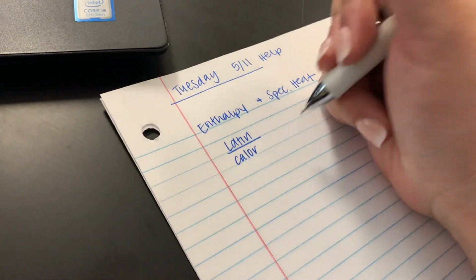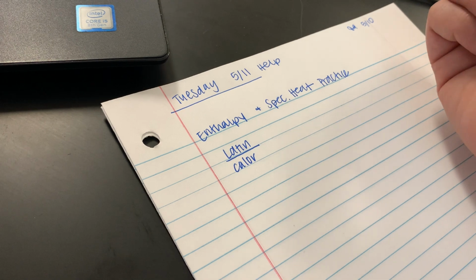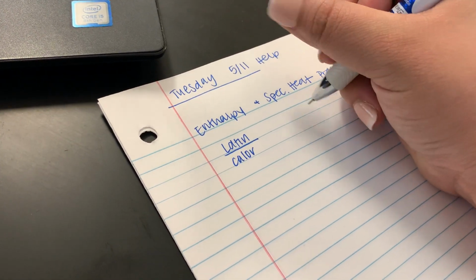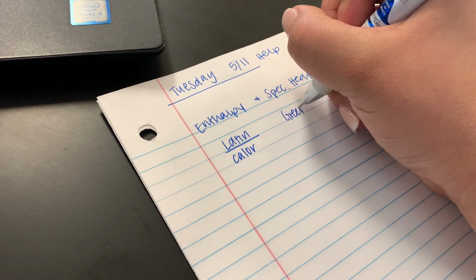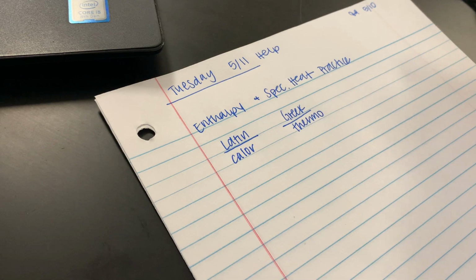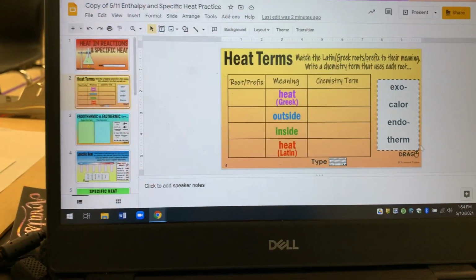Heat, right? So the Latin root for that is calor, or what we see in calorimetry. And then for Greek, that would be the only other one, which is therm. What we see for thermo or thermochemistry or whatever, therm. So that'll help you on that slide.